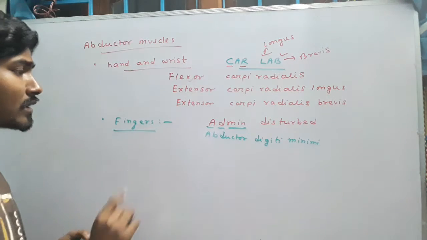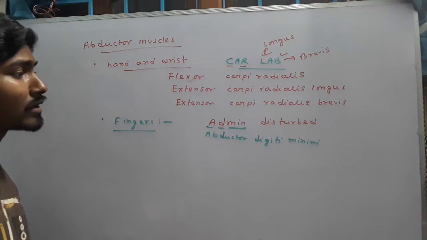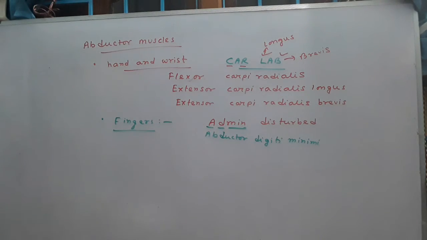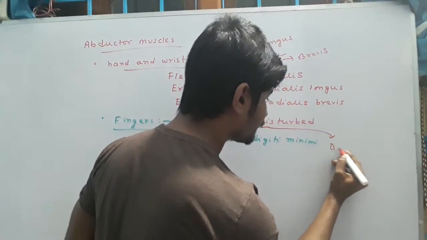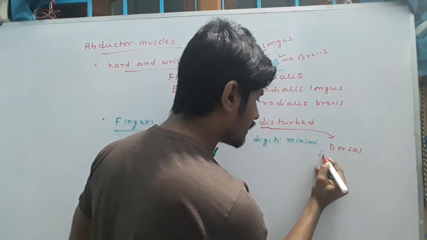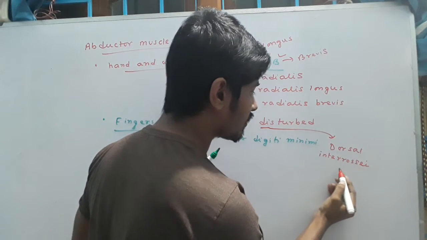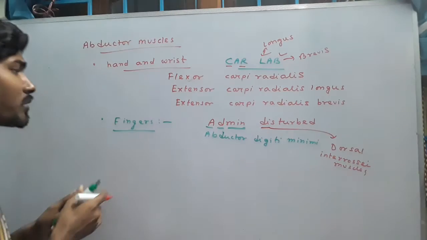So it is one of the abductor muscles present in the fingers, and the other one is disturbed, okay? So disturbed actually stands for D and I, that is dorsal interossei, okay? So it is dorsal interossei muscles. So these are the abductor muscles of the fingers.